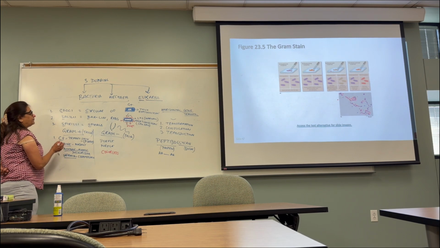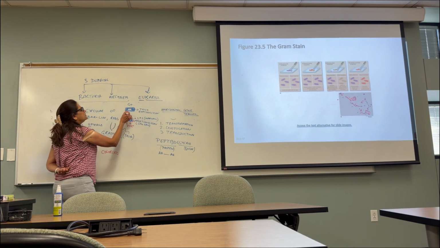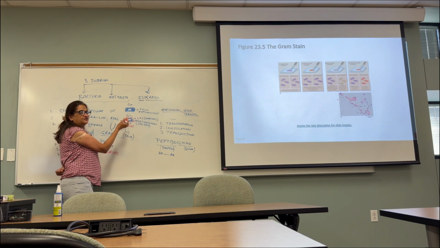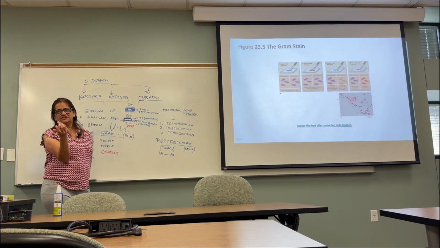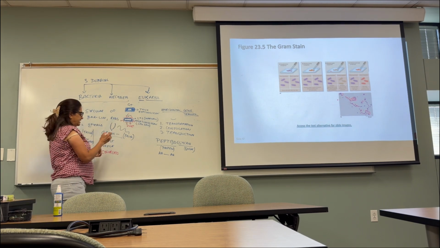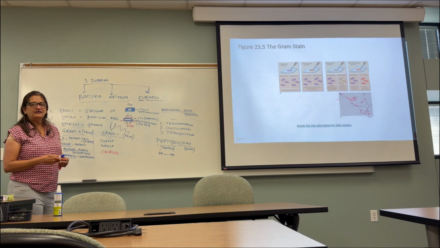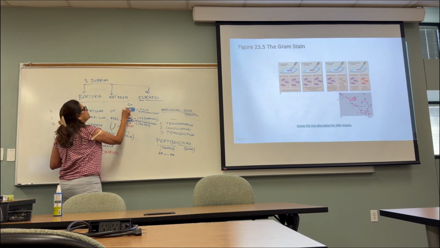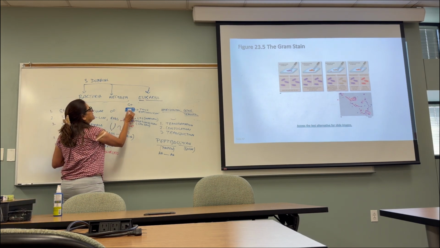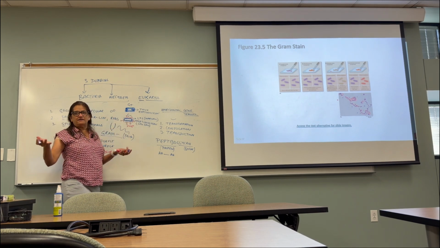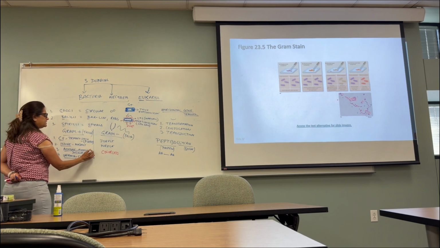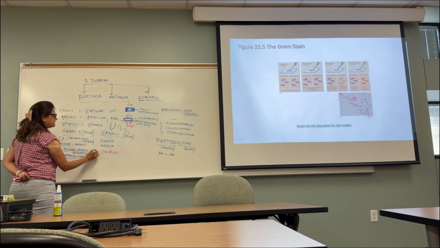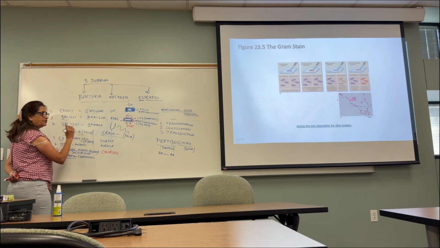But in gram positive, because there is no outer wall, you see that, the effect of alcohol will be negligible, there will be no effect, and they will still be looking purple, because it is fixed by the mordant iodine, so they will still be purple at this step. Make sense?